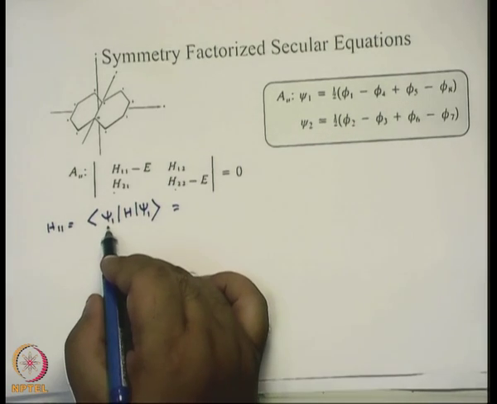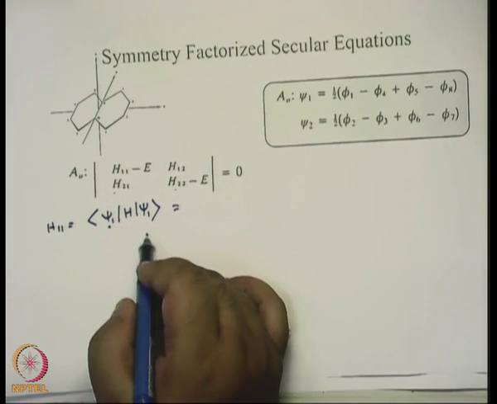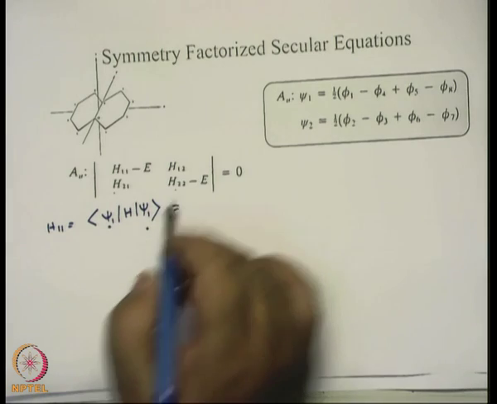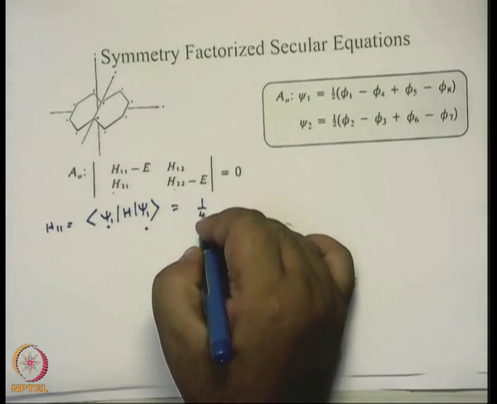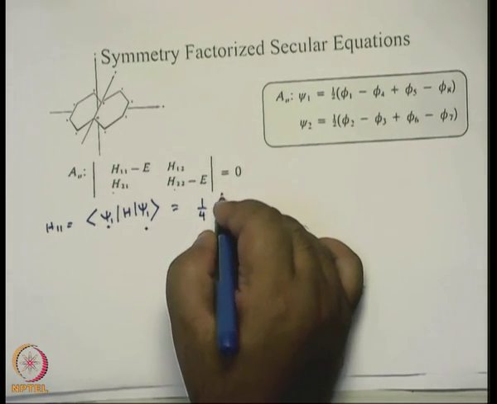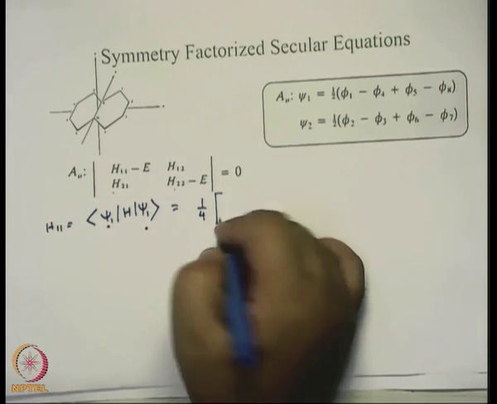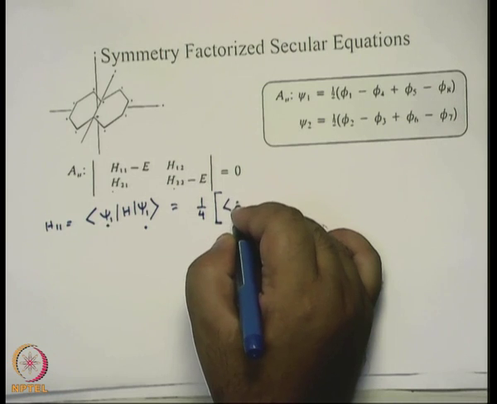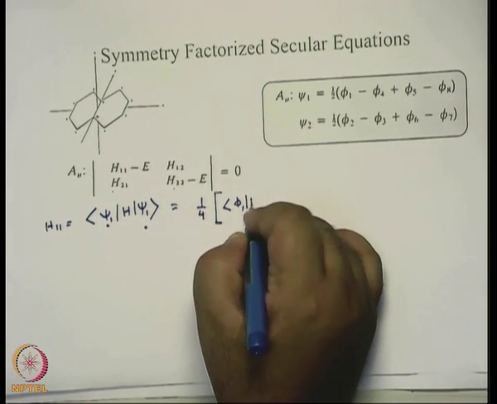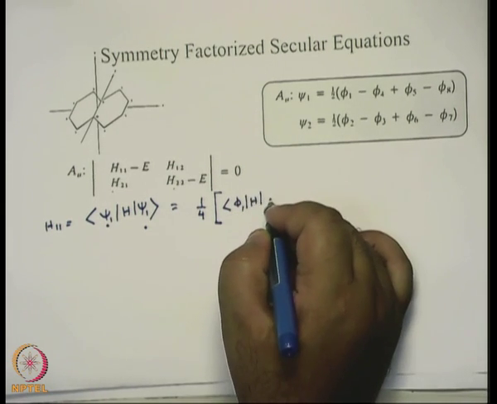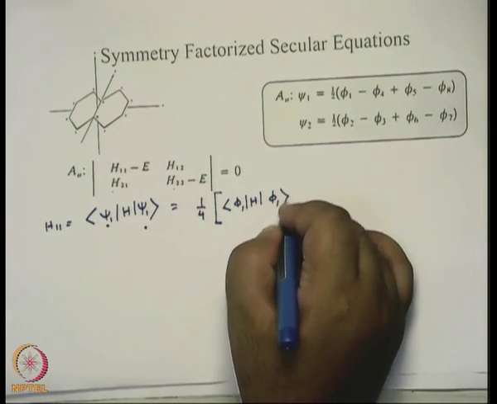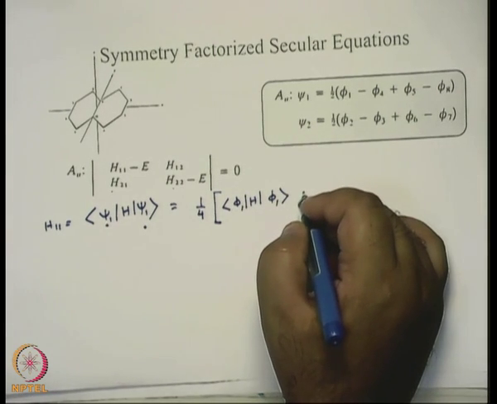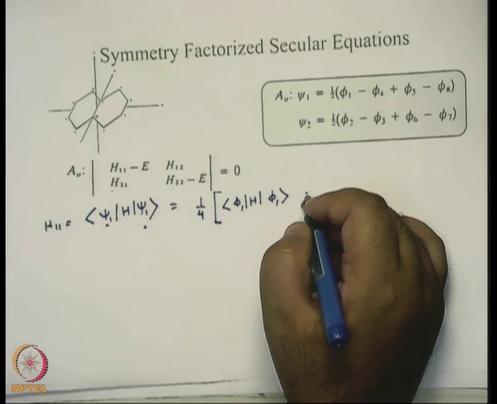Of course, there is one half from this psi 1, another half from this psi 1, they are multiplied together. So, I am going to get 1/4 outside, and inside I get integral phi 1 H phi 1, then, how many terms will I get?